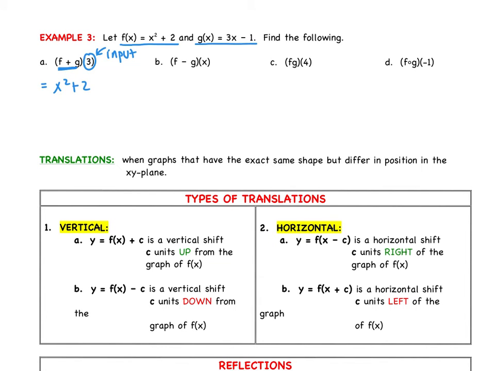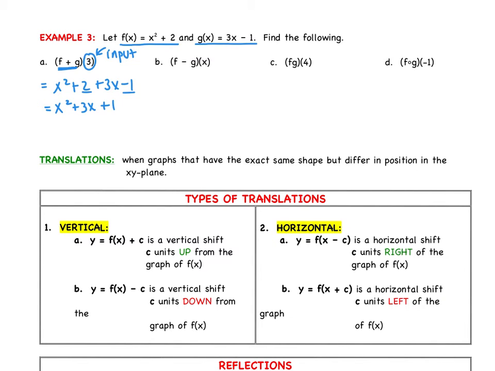That's f. Add 3x minus 1, which is g. If we go to simplify this, 2 and negative 1, so this will be x squared, add 3x plus 1. The order doesn't matter.